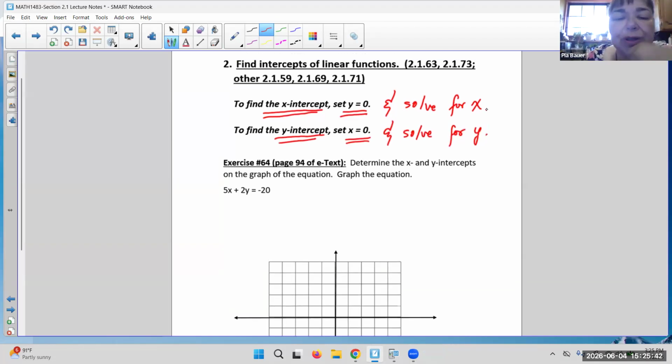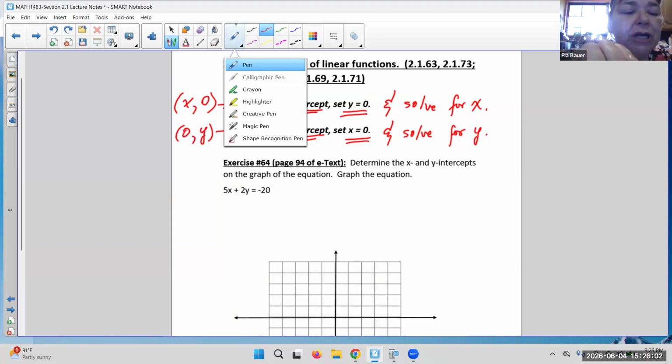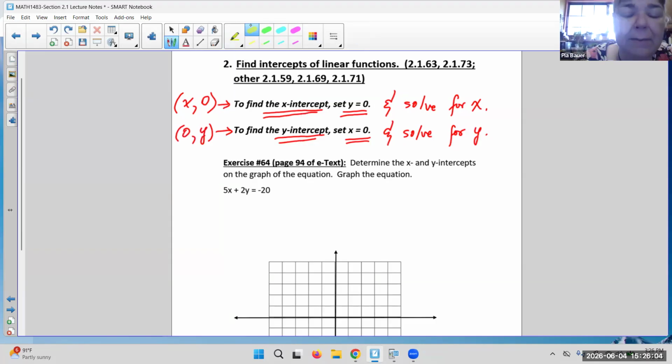Also, when you're looking for an x-intercept, then you're looking for some number x, but the y value is 0. When you're looking for a y-intercept, x is 0 and you're looking for a y value. That's true for any type of equation. But of course, we start by applying it here to linear equations.